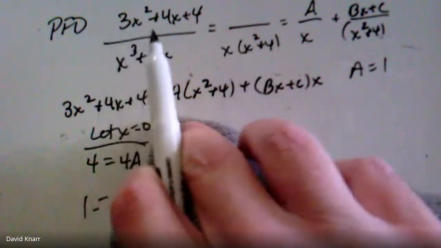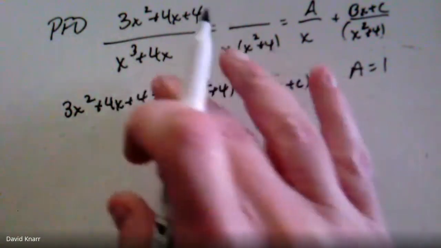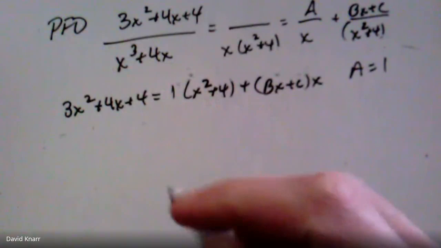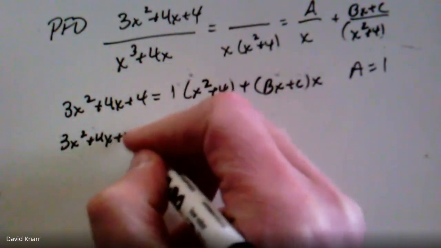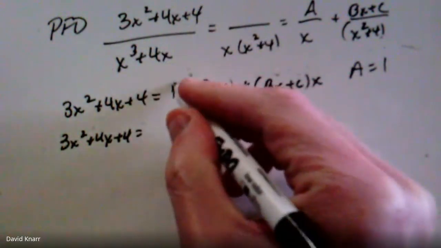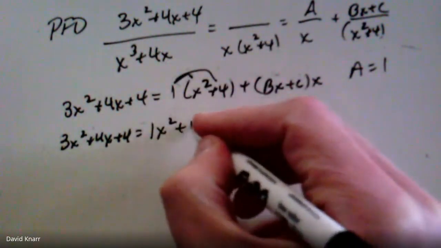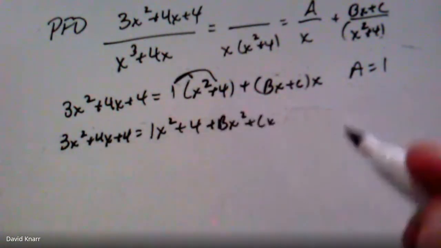So now, if I equate the coefficients, I could replace A with 1. So I get 3x squared plus 4x plus 4, and then I distribute the 1. So I get x squared plus 4 plus Bx squared plus Cx.